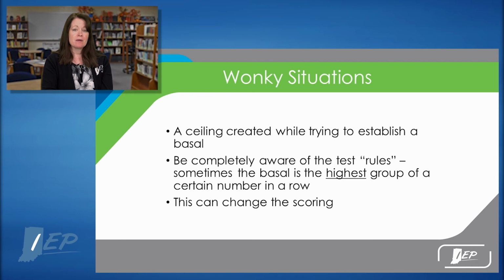So you may have one basal and then have some missed items and then have another basal that gets established later, and you have to know whether or not you are allowed to count all those items or whether you get credit for some of the things that you missed because they were below the highest basal. So it can change the scoring.